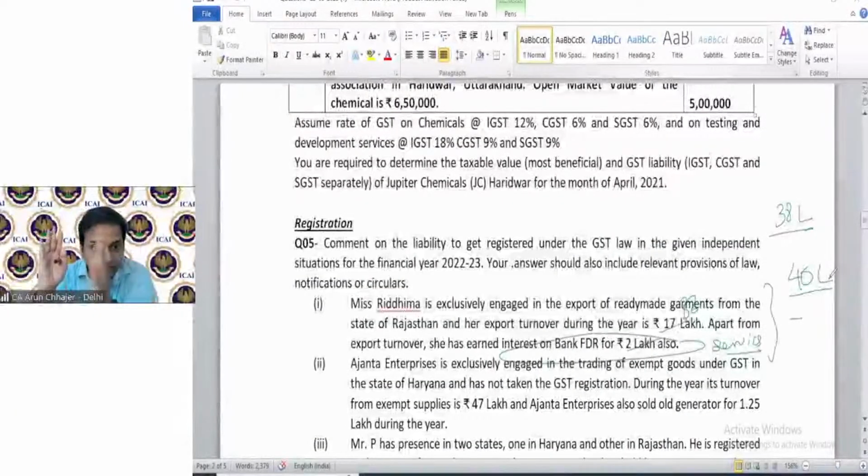Will my aggregate turnover be 38 or 40 lakhs? In this case, what is my aggregate turnover, 38 or 40? Then I will give the answer. First you tell me whether 2 lakh would be added or not.